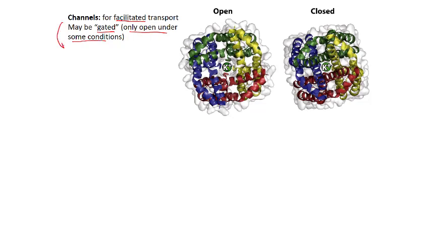The key feature of channels that makes them channels is that they're relatively simple. They bind to the solute, and the solute simply works its way through under thermal motion. That's what makes a channel a channel.